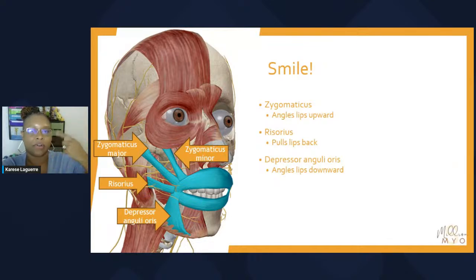The orbicularis is always involved, of course, but whether or not they're all working together is the really big thing, because sometimes it's really the zygomaticus major and minor supporting if you're coming up for a Joker type smile. So just the corners are coming up, as opposed to going wide and back, which is your risorius, depressor anguli oris.